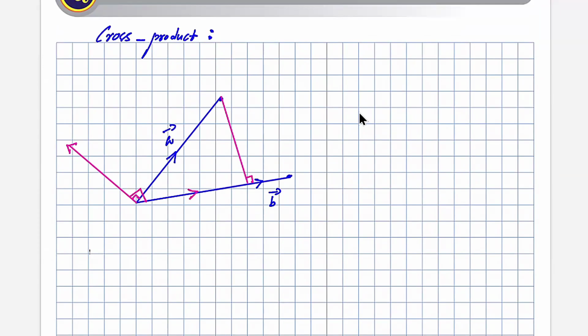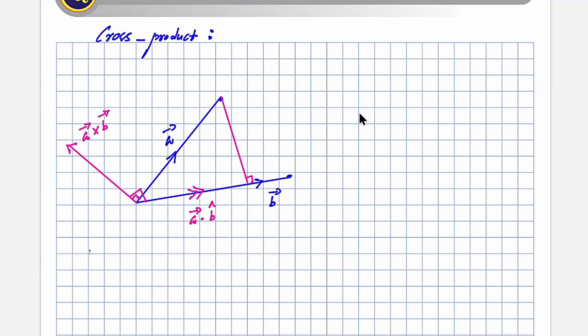Now, this vector I wrote as A vector dot B hat, that I discussed, I think, in the class. Then this vector is nothing but A vector cross B vector. I did that right? Hello, yes or no?